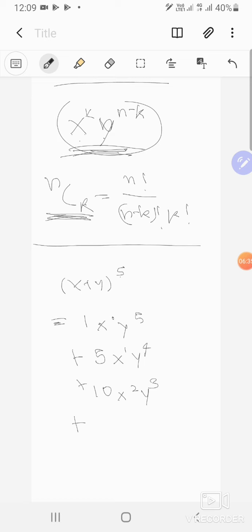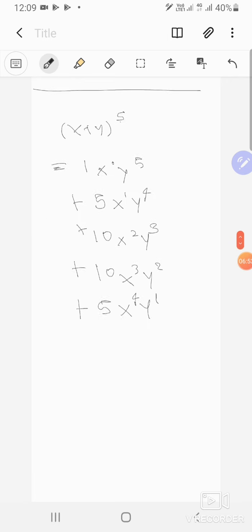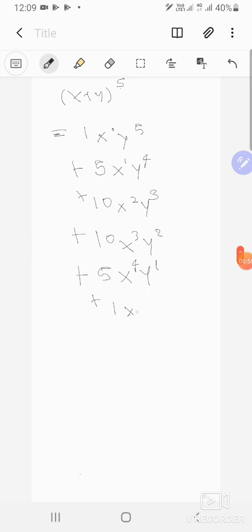Then 5 choose 3 is the same as 5 choose 2, which is also 10. You got x to the third power, y to the second power. And similarly, it's going to be 5 choose 4, which is the same as 5 choose 1, which is 5. And you got x to the fourth power, y to the first power, and then 1 x to the fifth power, y to the 0th power.